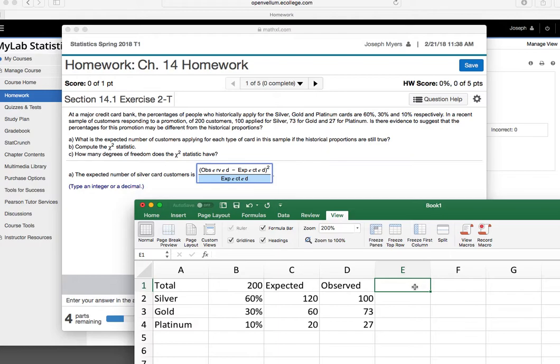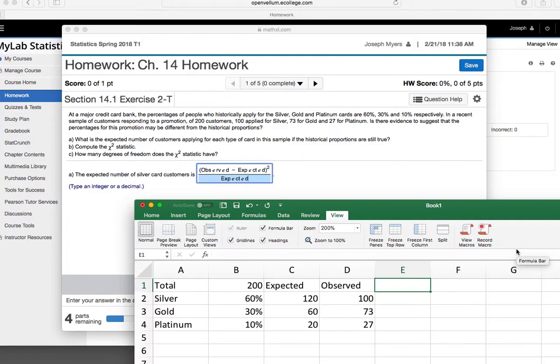So is something different happening right now? Is something significant going on that's making what's happening right now be significantly different from what happened in history before? Well, let's calculate the chi-square statistic.